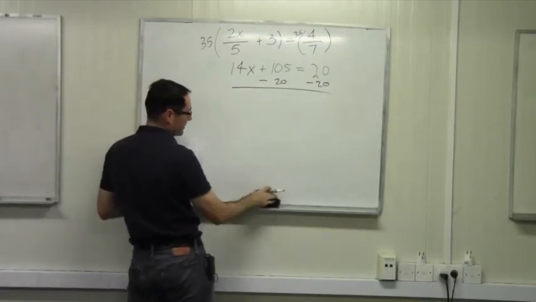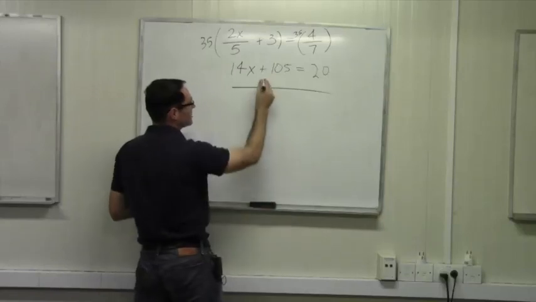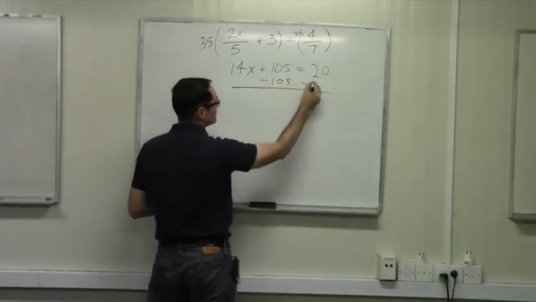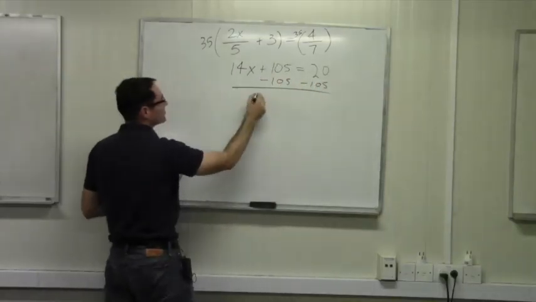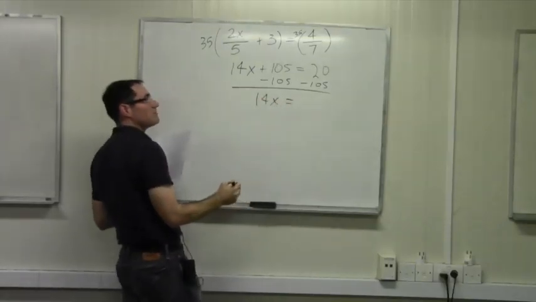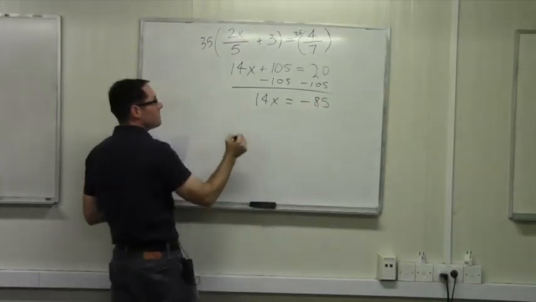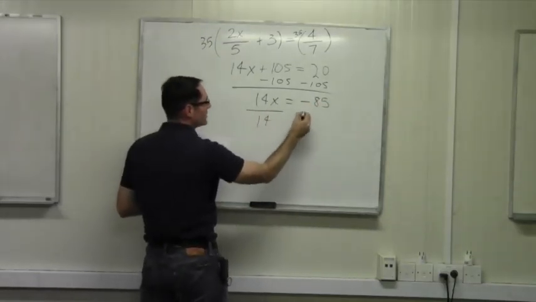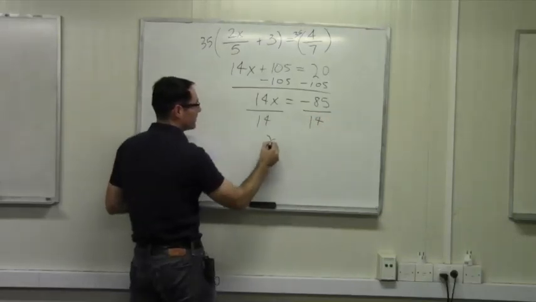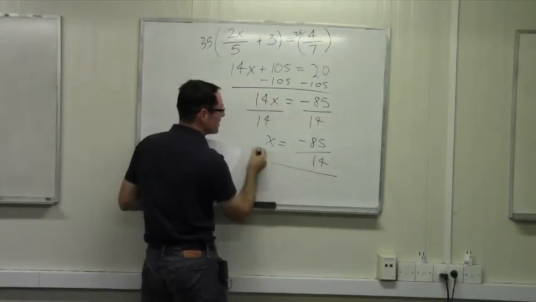Oh, actually, I guess we would probably do it the other way. You could do it that way. But how about this? Subtract 105 from both sides. So you're left with 14x equals negative 85. Then divide both sides by 14.